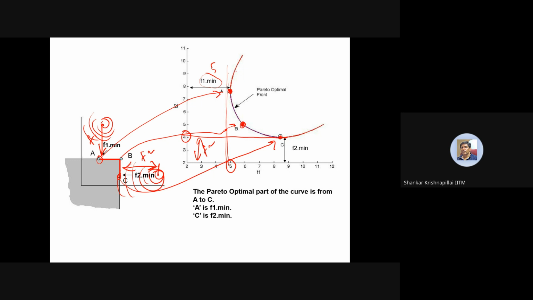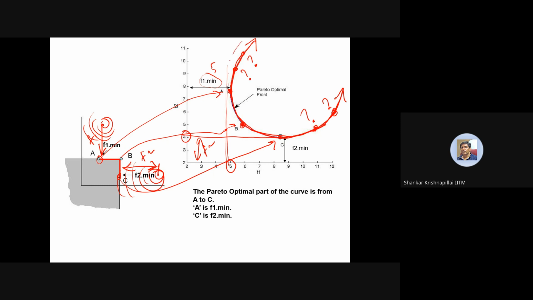So how do you identify which is the Pareto optimal front of this curve? Because this curve will actually go like this. So which part of this curve is Pareto optimal? Is this part Pareto optimal, is this part?